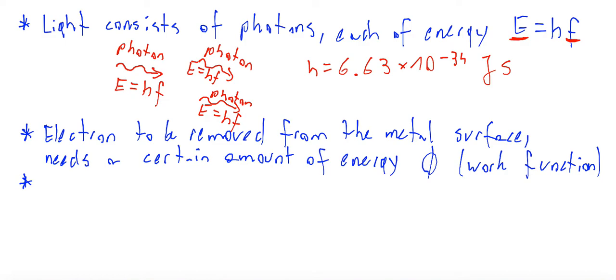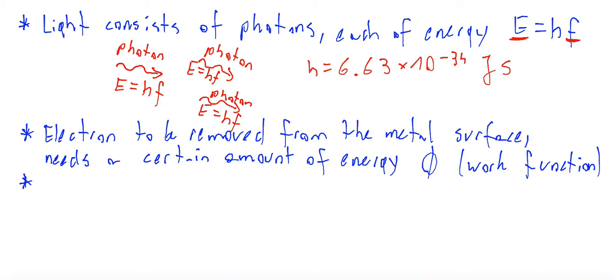If this energy is not enough, then basically the electron is not removed. So whether the electron is removed or not depends on the energy of the photon, which depends on the frequency of light. This is why photons can remove electrons only if they have a frequency which is bigger than one specific, called the threshold frequency.